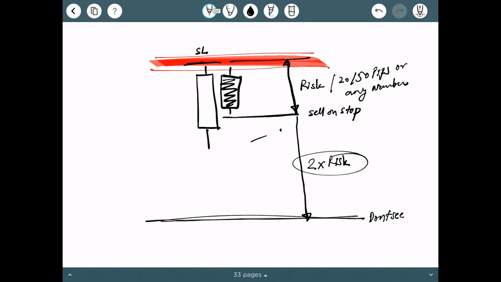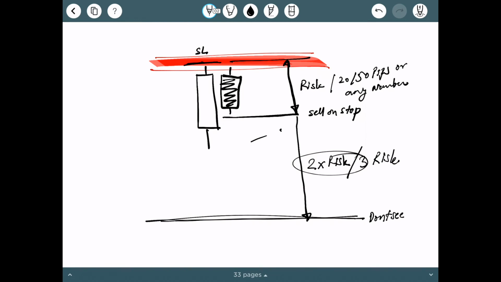But generally, when you have an inside bar at resistance, the market generally gives you 2 times. I've seen in the market like 90% of the times you generally get 2 to 3 times the risk.